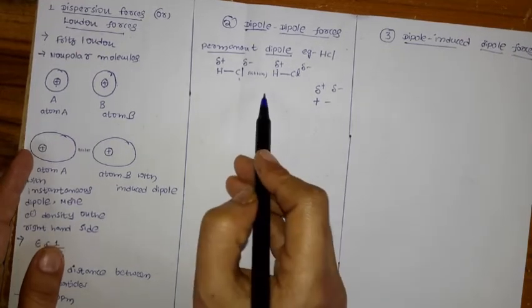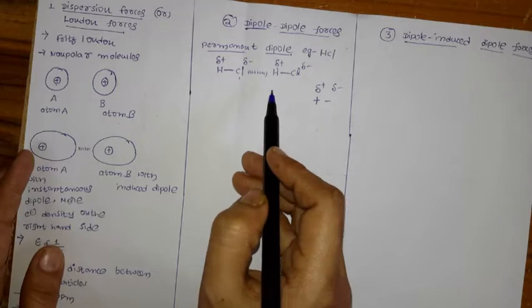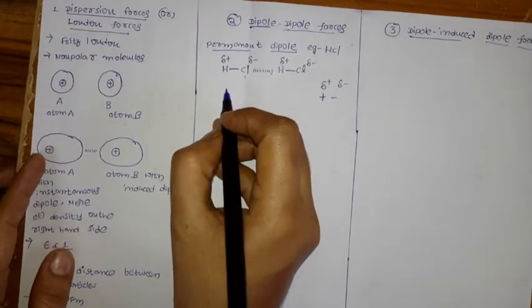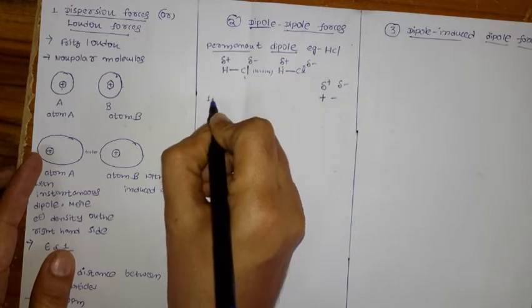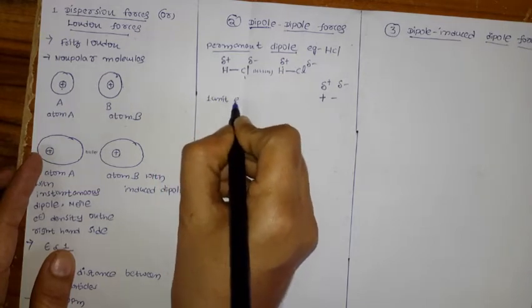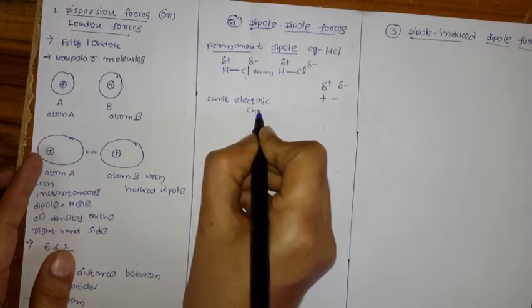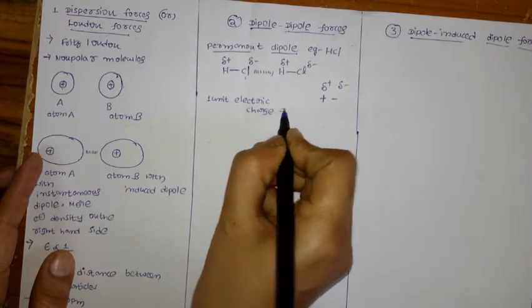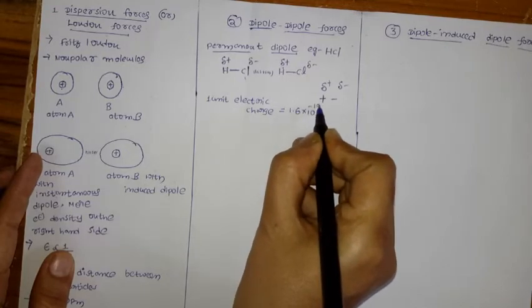Now what is the meaning of partial charges? It means the partial charges are always less than 1 unit electric charge. As you know very well, 1 unit electric charge is equal to 1.6 × 10^-19 coulombs.